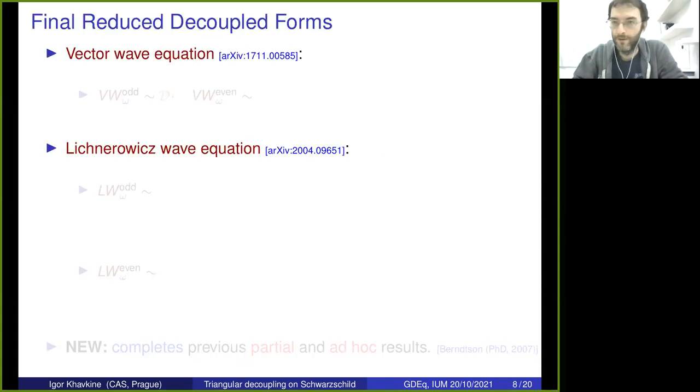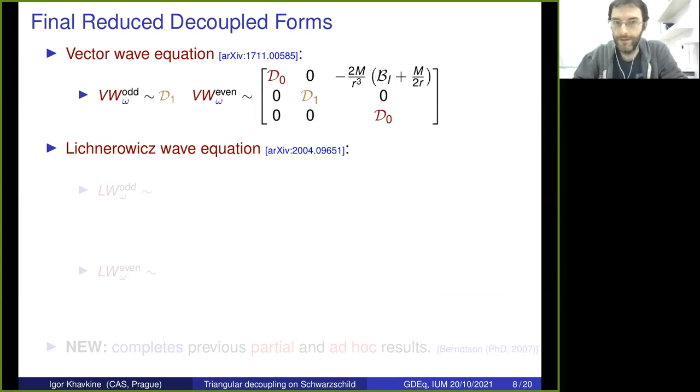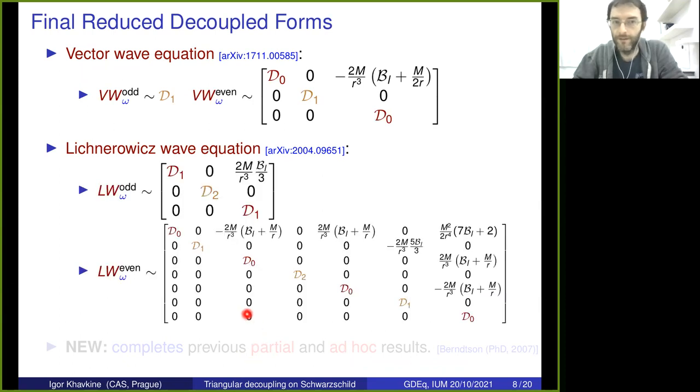The final result of the work is that for both the vector wave equation and the Lichnerowicz wave equation, we can in fact simplify the complicated radial mode equations I showed you before, in their original forms, to upper triangular forms with Regge-Wheeler operators on the diagonals, and sparse upper off-diagonal terms.